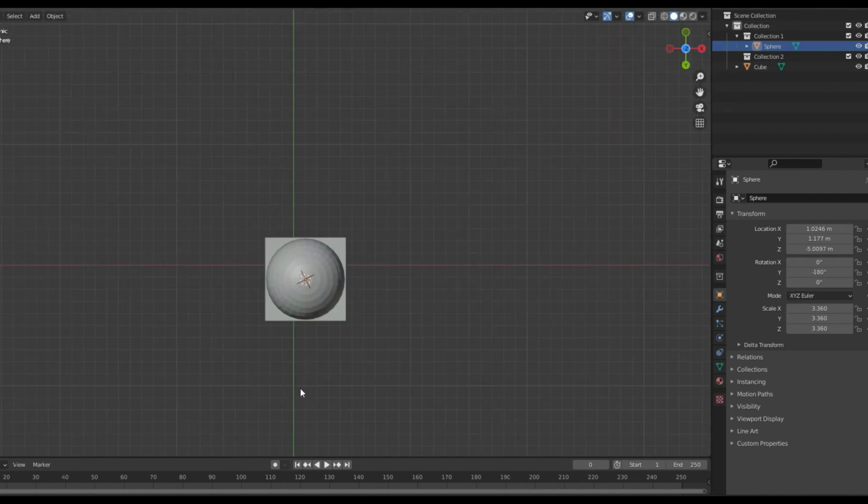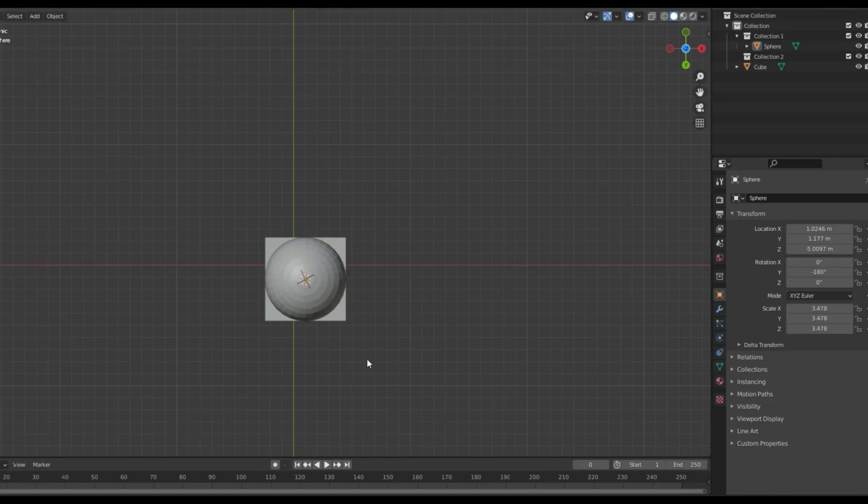So see, this is a sphere, is it not? Now, if I happen to increase the radius, it will become that big. If I decrease the radius, it will become that small. But I have to keep it in such a way that it exactly is on the cube.